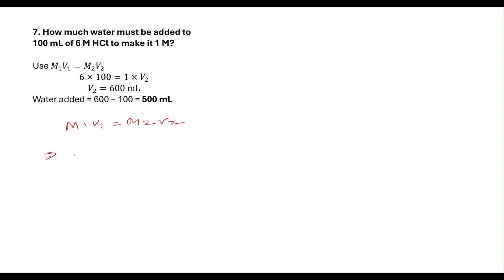So we have 100 ml of 6 molar HCl. Now we want to make it 1 molar, so the volume will be how much?